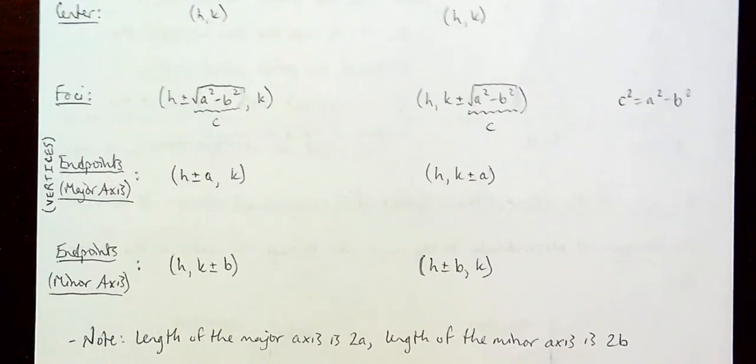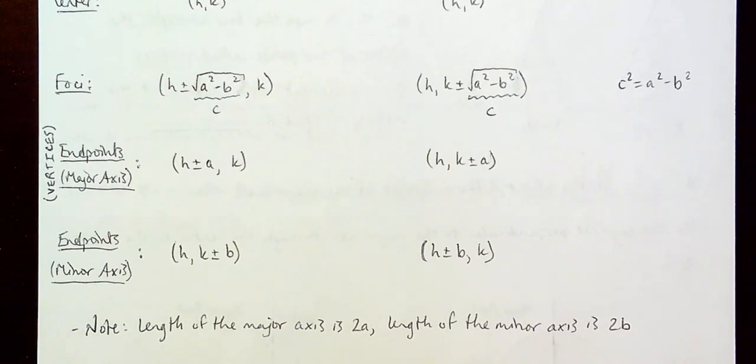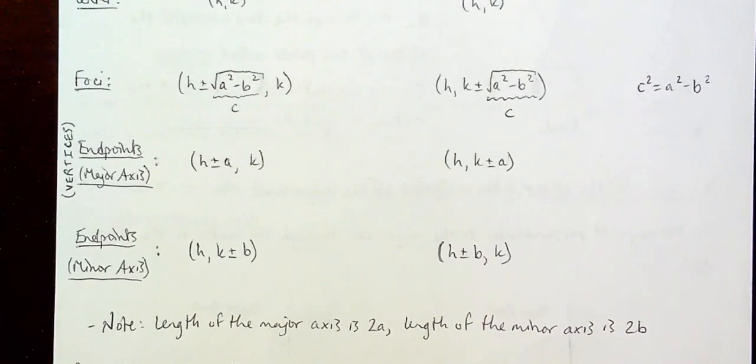The endpoints, or the vertices, of your major axis are going to be h plus or minus a, comma k, if your major axis is horizontal. If it's vertical, it's going to be h, comma, k plus or minus a. The endpoints of your minor axis, if your major axis is horizontal, are going to be h, comma, k plus or minus b.